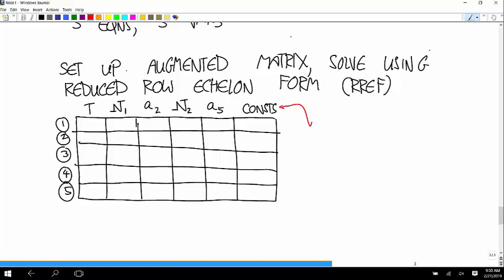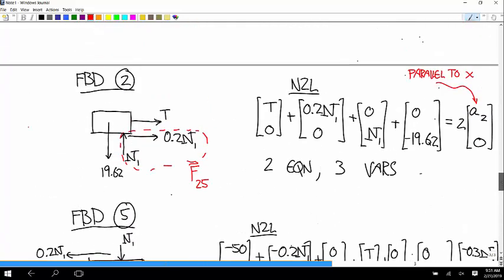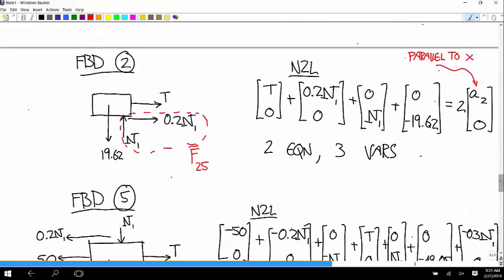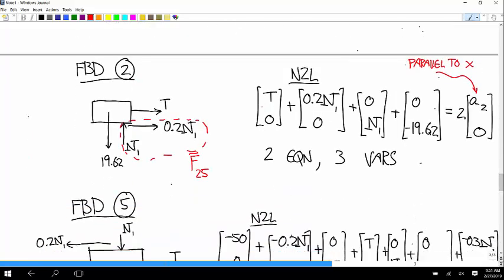These are alone on the other side of the equation. I'm not going to solve this right now. So now we're just going to put the coefficients of all these things in here. So I'll finish this on Friday. But like our first equation says T plus 0.2 N1 is equal to 2A2.